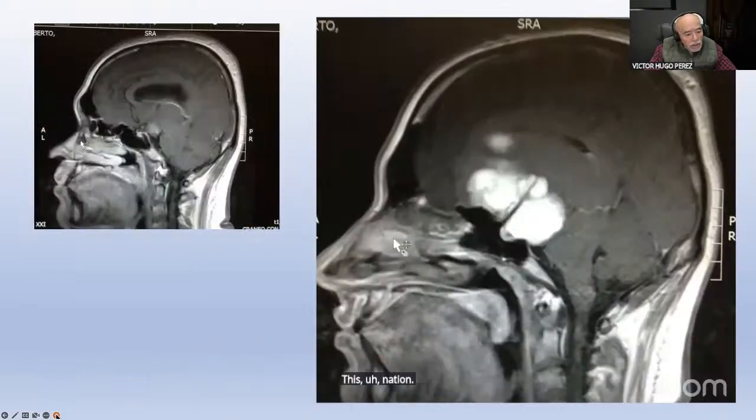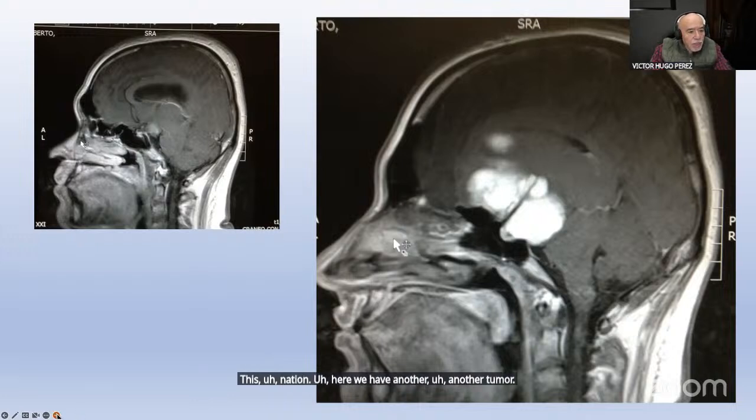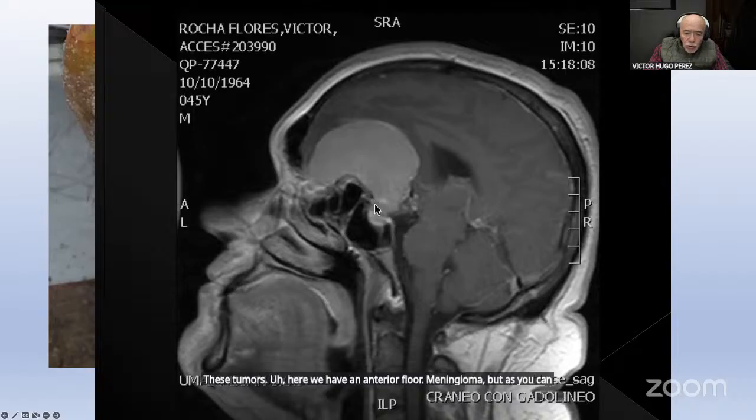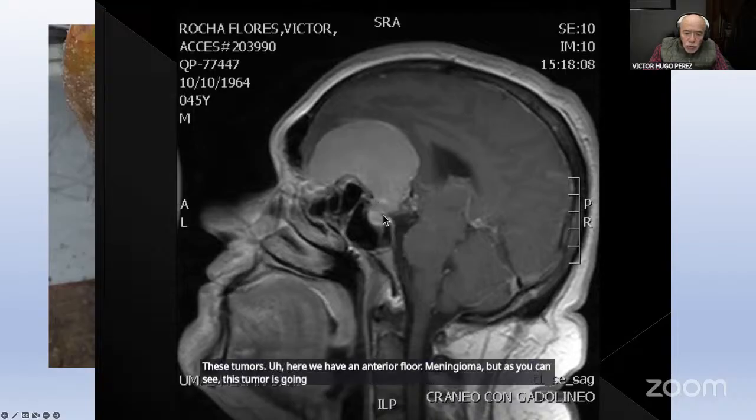Here we have another tumor, a big tumor. These tumors are related with some arteries, so we should know neuroanatomy to remove these tumors. Here we have an anterior floor meningioma, but as you can see, this tumor is going to the pituitary gland.